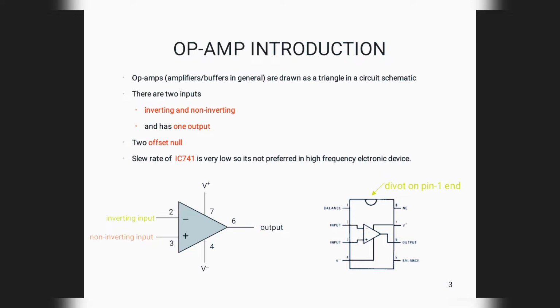It is symbolically represented by a triangle having mainly 5 pins, 2 input pins, 1 inverting, 1 non-inverting, 1 output pin and 2 supply pins, which can be seen in the diagram.